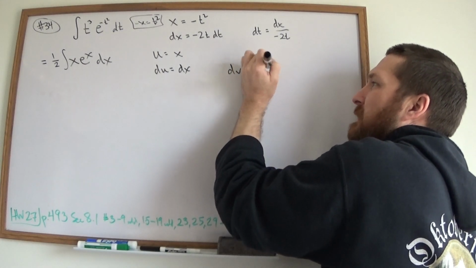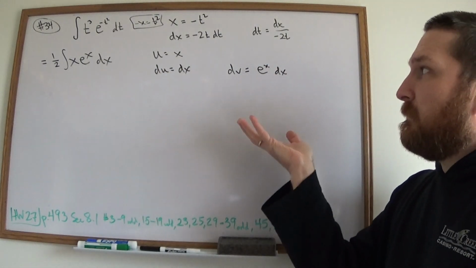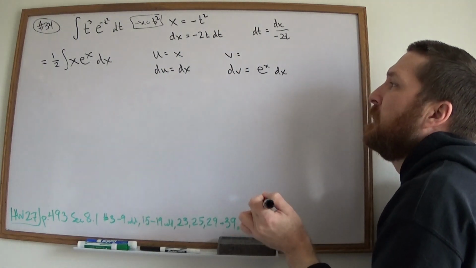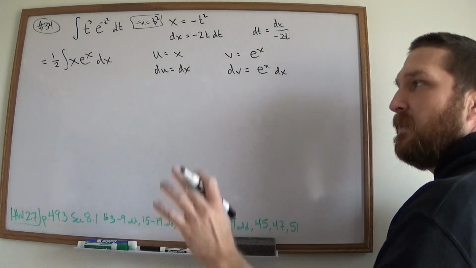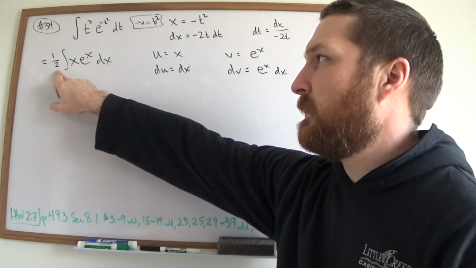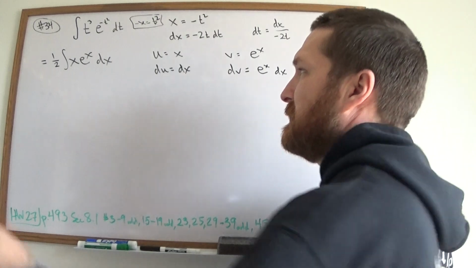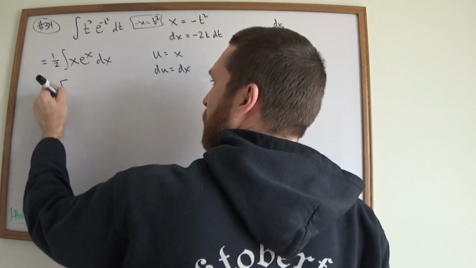Also, e to the x, the remaining stuff, it's easy to take its antiderivative. It's just e to the x. So, now, and here, be very careful, because now we have a constant up front. Okay, so it's going to be that constant times this stuff. Here, parentheses or brackets are going to be your best friend.